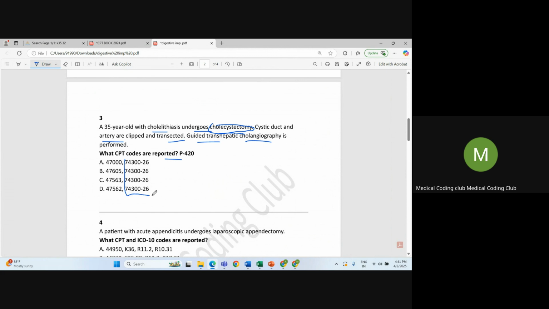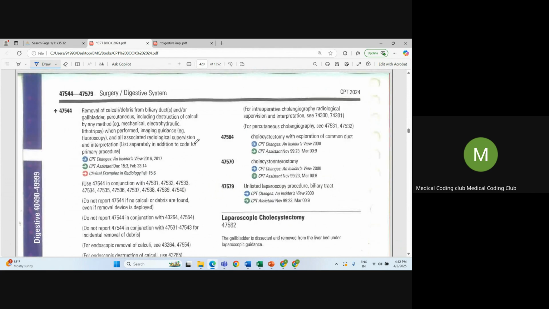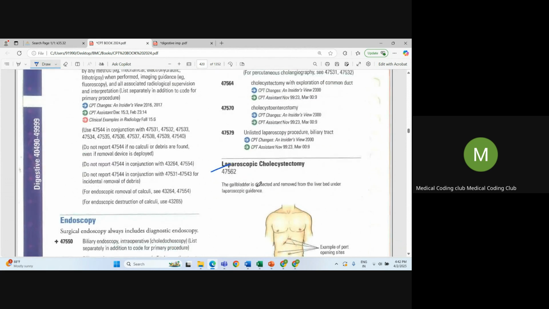So this radiologic code is the same code with the 26 modifier. You just have to explore digestive system codes. So let's see the code. So cholecystectomy is here.